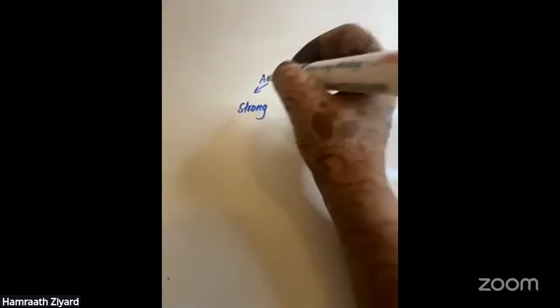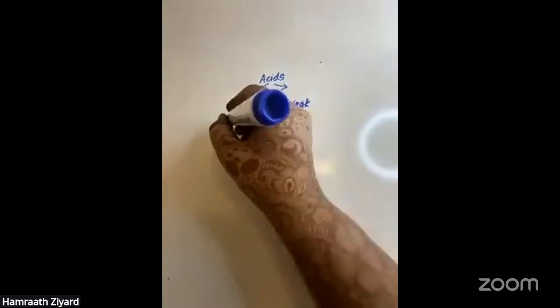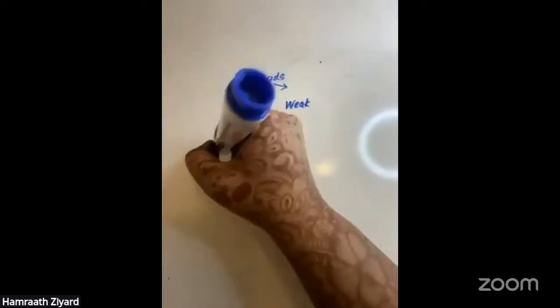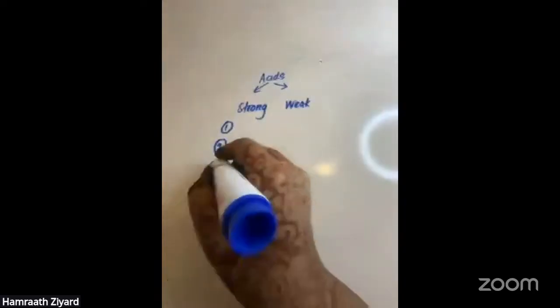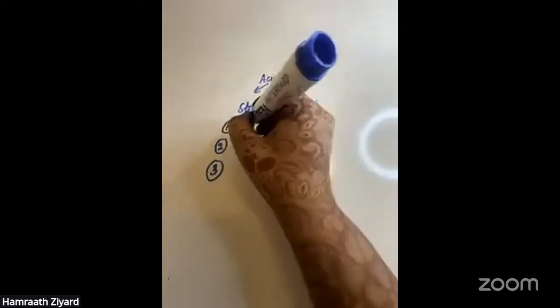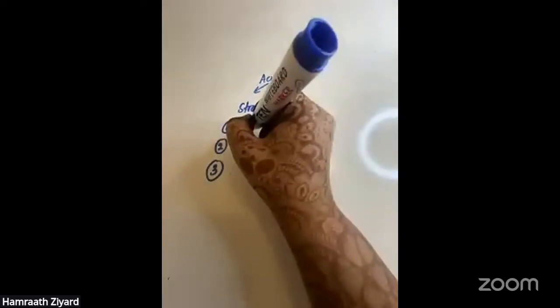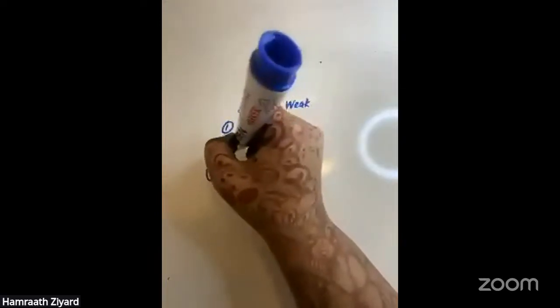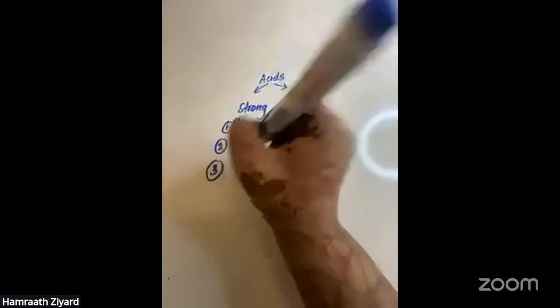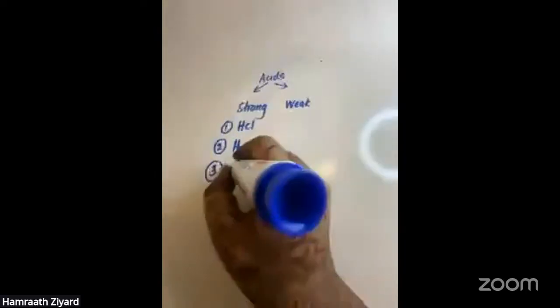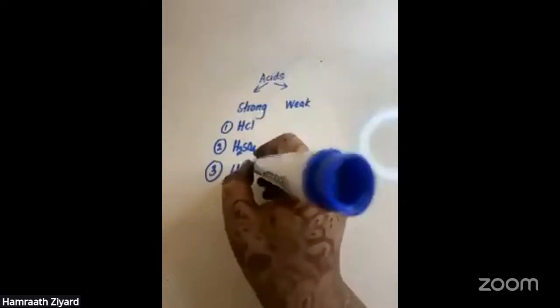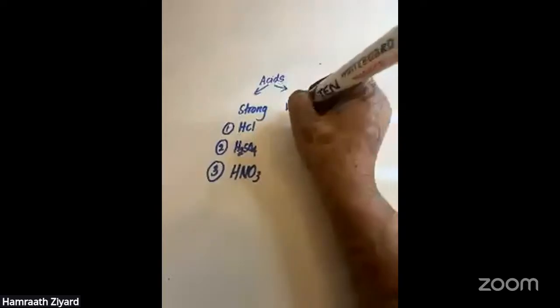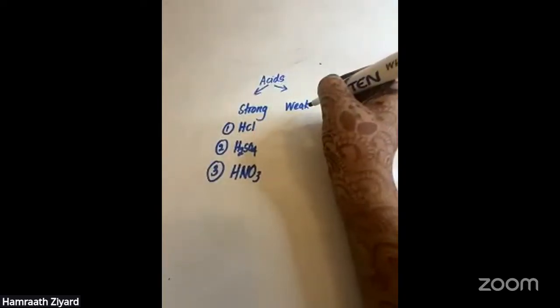What are the common strong acids? Hydrochloric acid is a strong acid. Sulfuric acid is a strong acid, H2SO4. Nitric acid is a strong acid. And we also have weak acids.